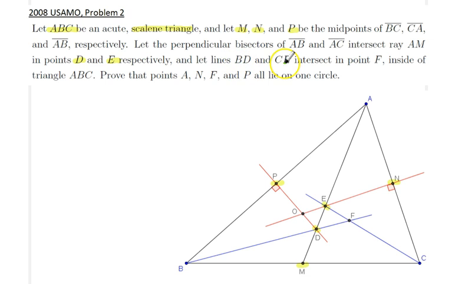And let lines BD and CE intersect in point F. Later on you connect these points E and D to C and B respectively, and you realize an intersection between these lines. Let's call it F, and that point turns out to be inside the triangle ABC. We would like to show that these 4 points actually lie on a circle.